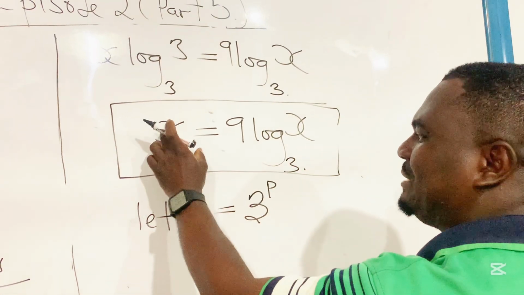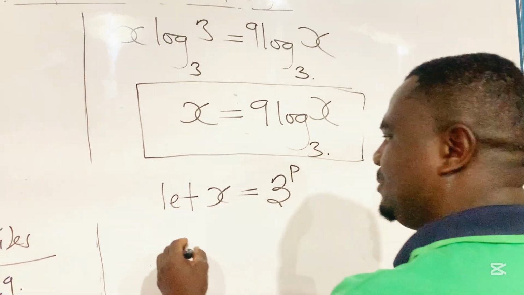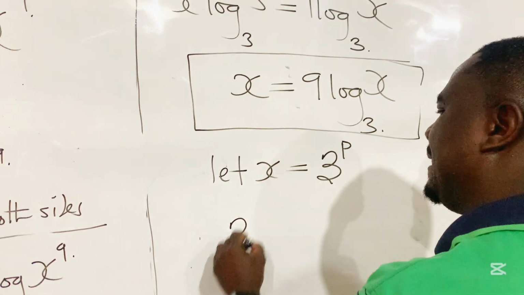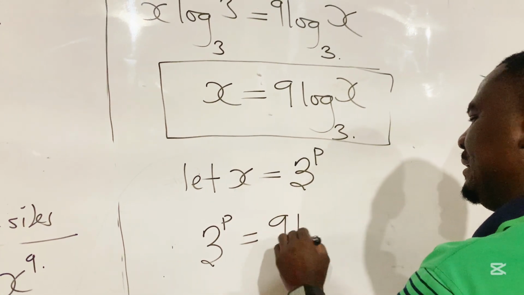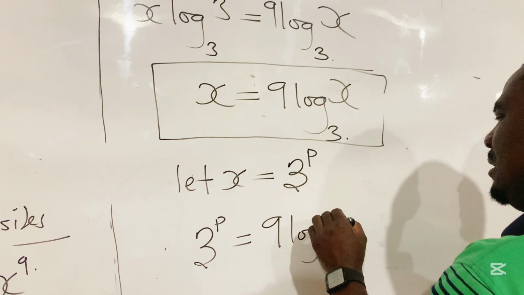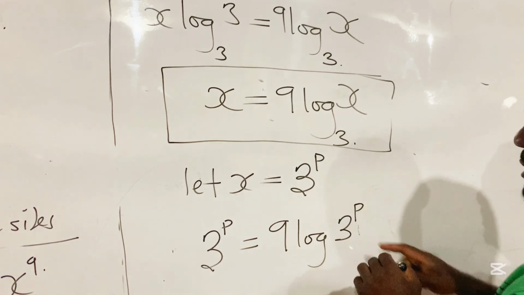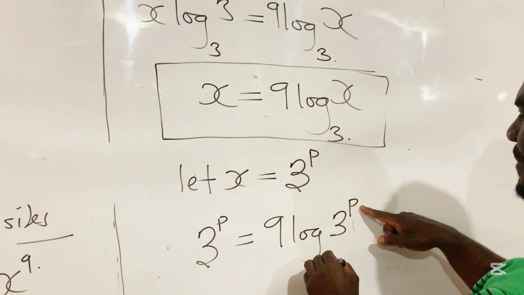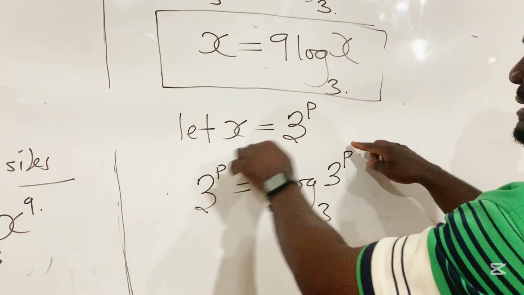Whenever we see x, we are to substitute the x with 3 exponent p. So we are getting 3 exponent p is equal to 9 log 3 exponent p base 3.